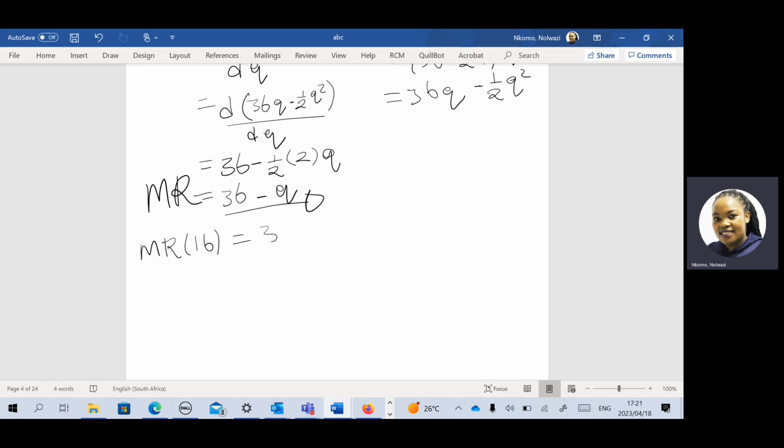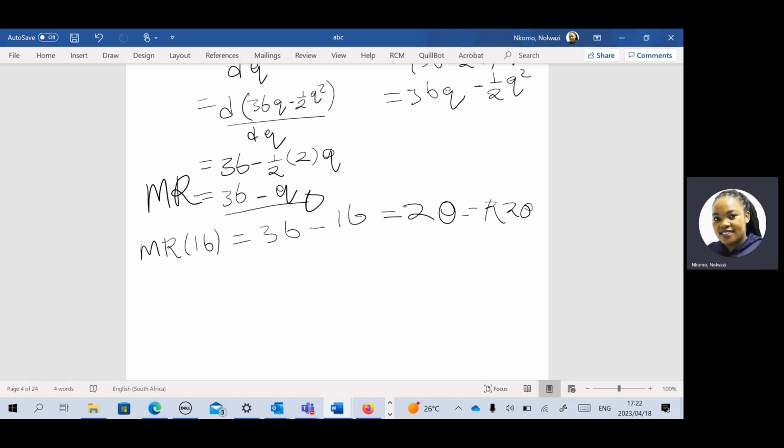So this means we'll have 36 minus 16. If you punch this in your calculator, you should get 20, meaning we have 20 Rand as our marginal revenue after the 16th unit has been sold.